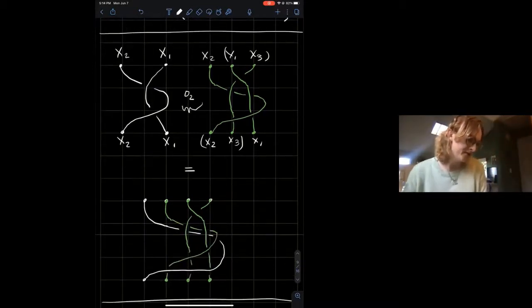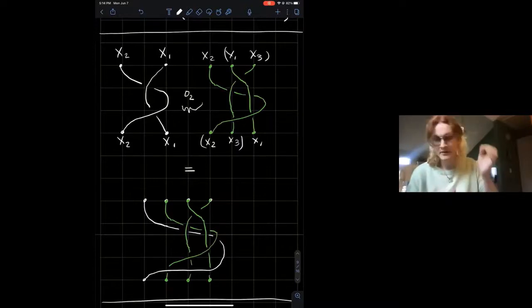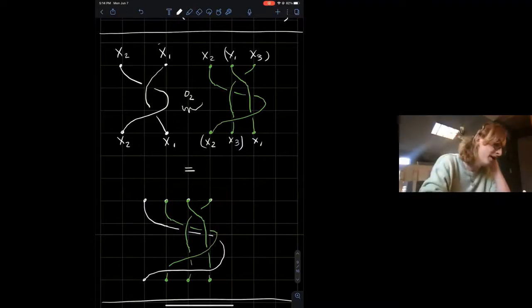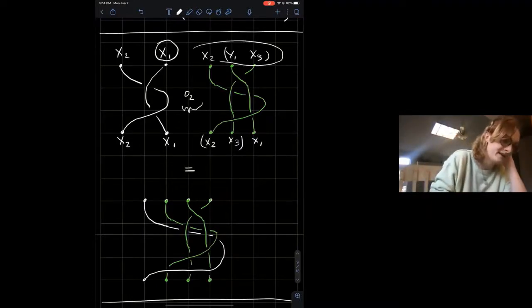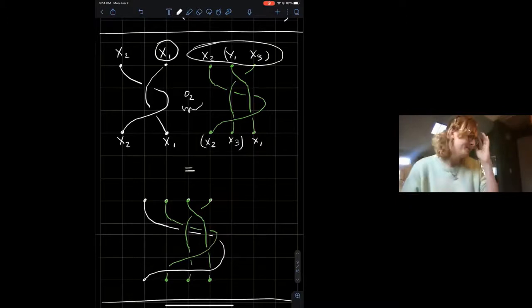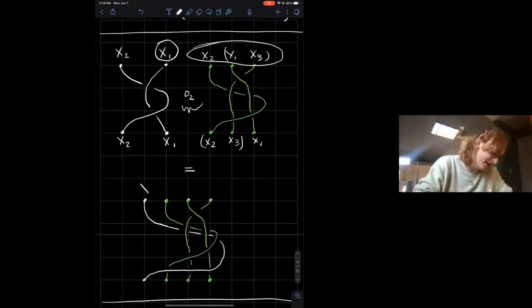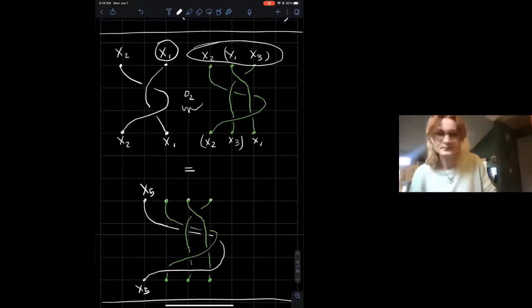So the first part is fairly obvious. I just take that strand and throw in the whole green braid. And then what I need to do is re-index my permutations on the top. So I replaced X1 with something that has 3 letters, which means that my X2 needs to now be an X5, like this.